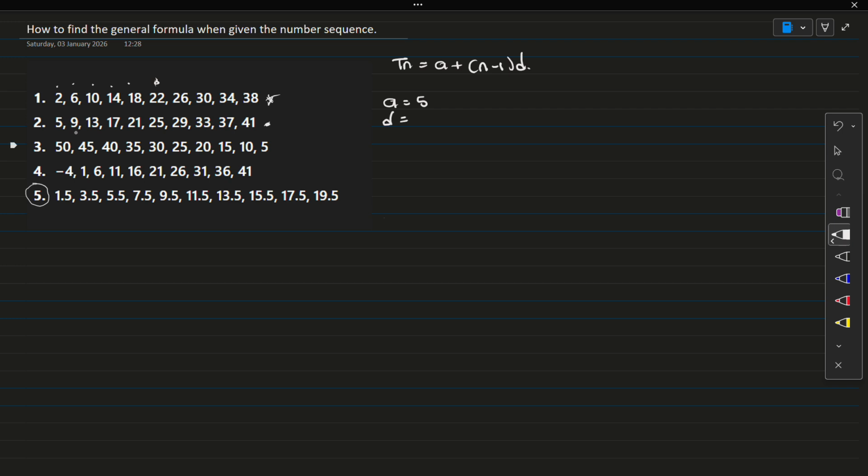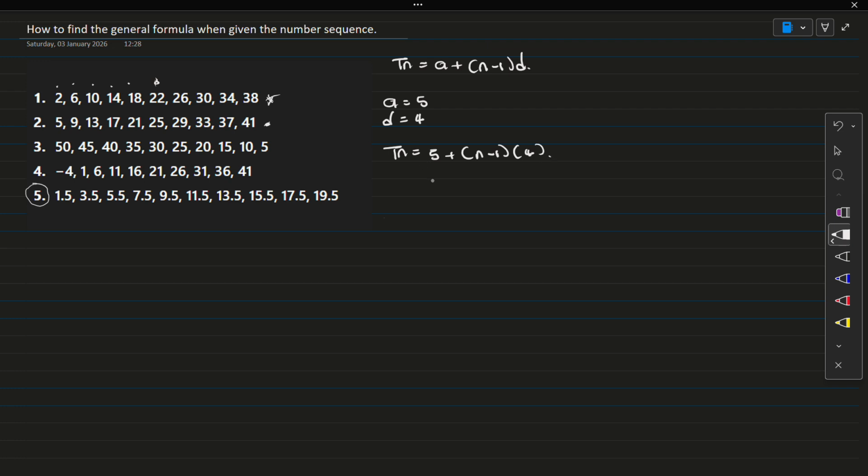We're going to use 9 minus 5, which is 4. Our difference is 4. Then to get the final general equation, Tn is equal to, what is your a? Your a is 5 plus (n minus 1). What is your difference? Your difference is still 4.